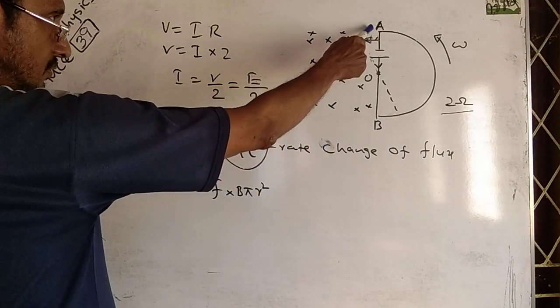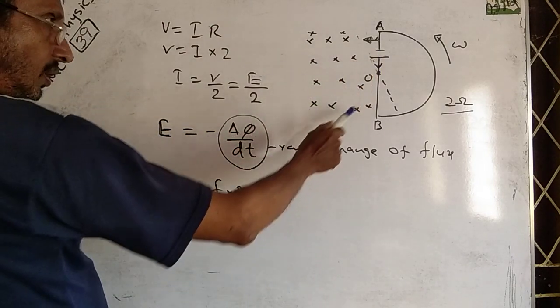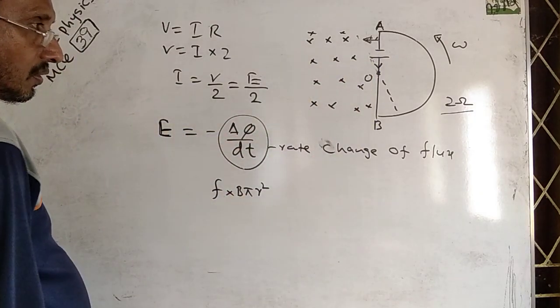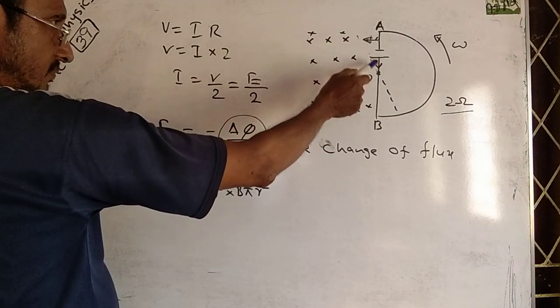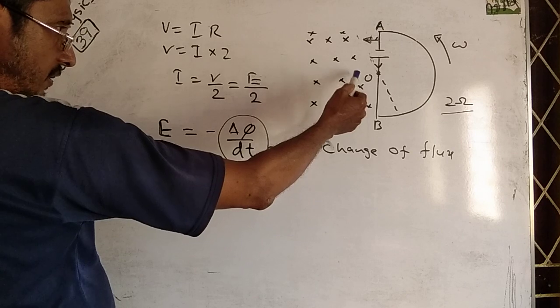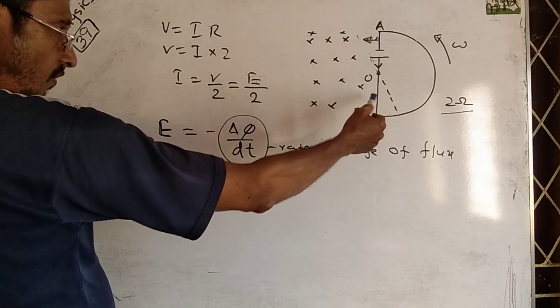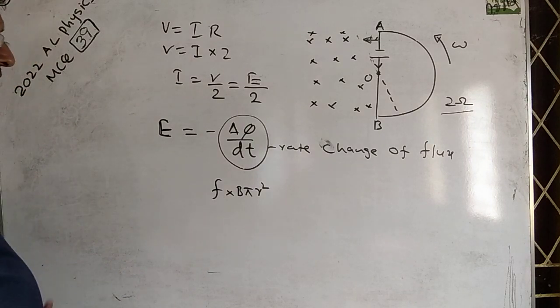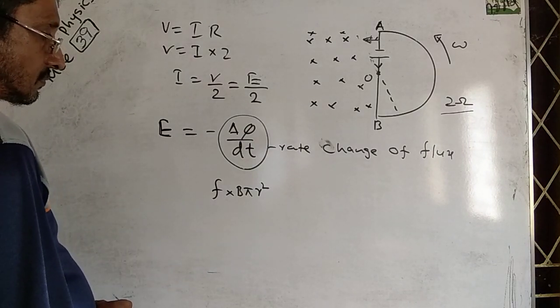OA in the magnetic field, then OB also in the magnetic field. When OA comes into the magnetic field, OB is out. But anyway, one radius is always in the magnetic field. Therefore, we can apply f times B pi R squared.